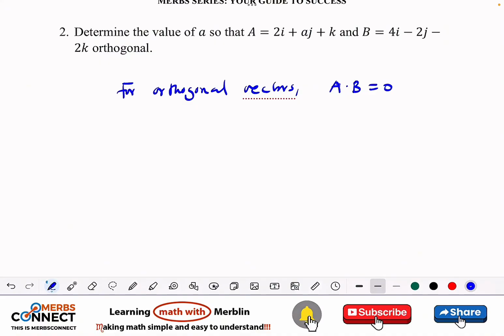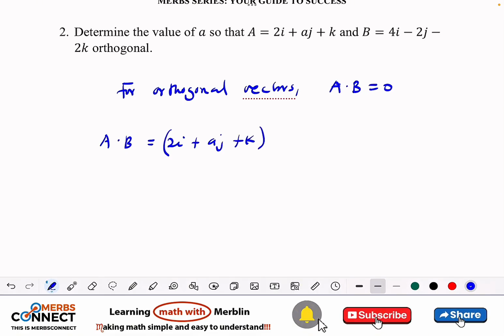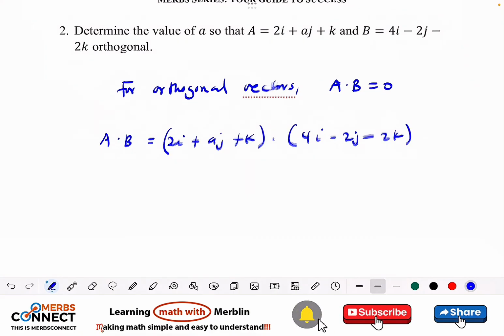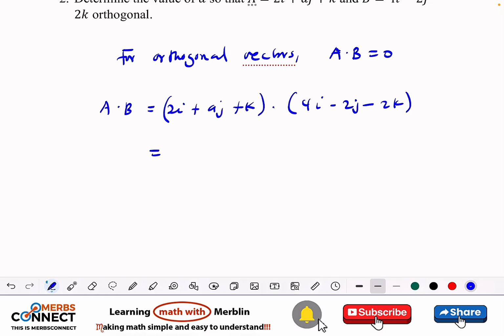So let's do that. A dot B should give us 2i plus aj plus k dot 4i minus 2j minus 2k. So this is going to give us 8 minus 2a minus 2.